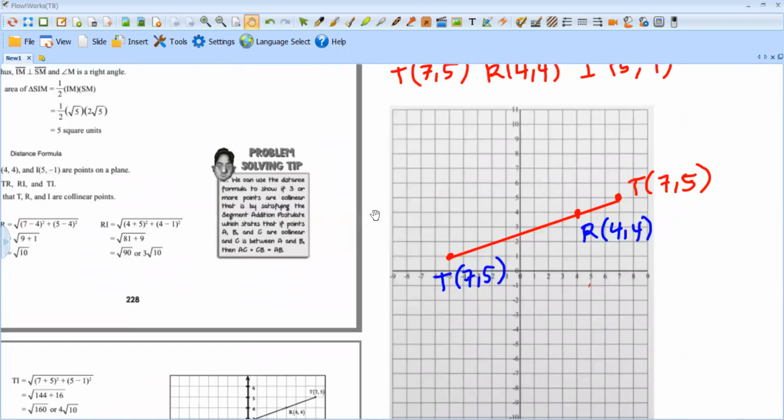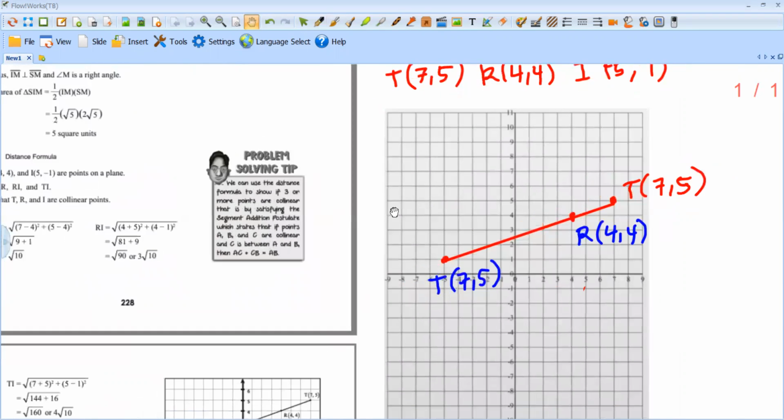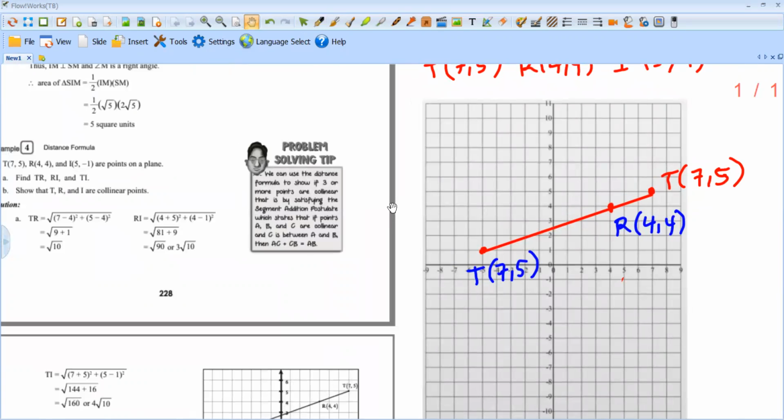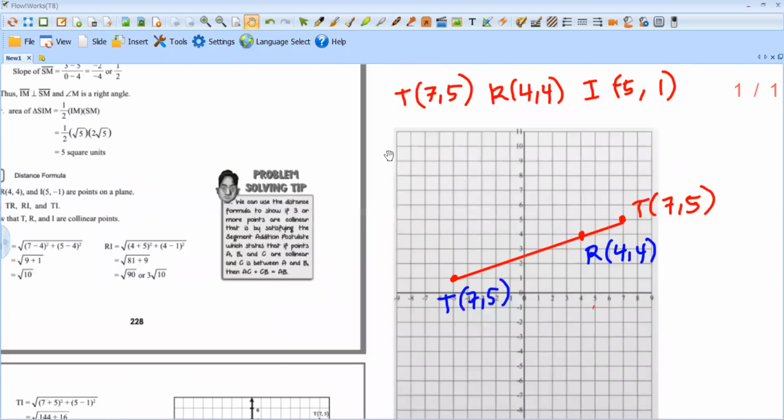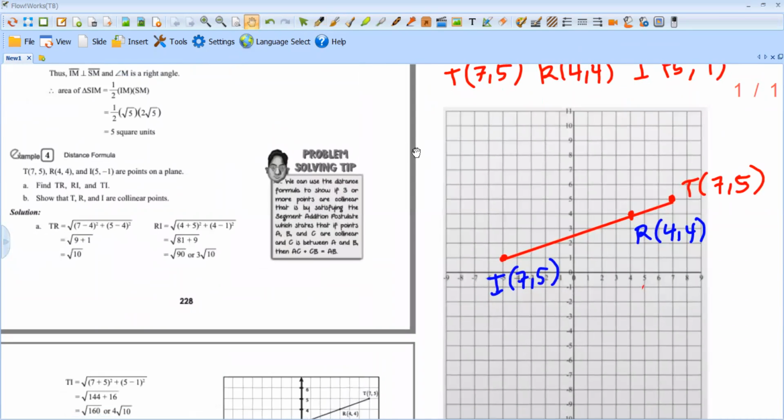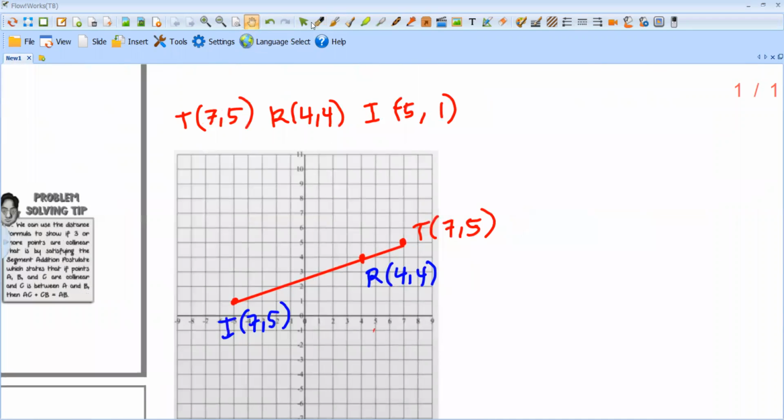Let us first find TR, then RI, and TI. So TR, RI, and TI.